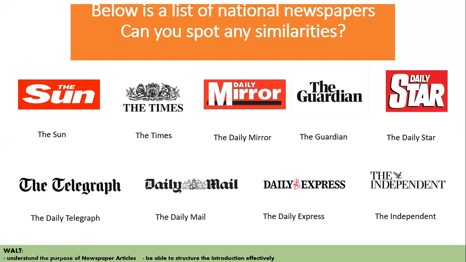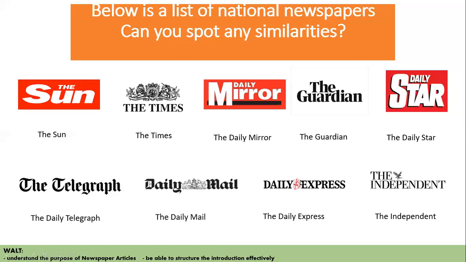It's like a coat of arms showing how powerful and informative these newspapers are. And then we've got some that have got very fancy fonts, which also makes them look like they've been around a very long time. And these newspapers have been. They're over 100 years old.